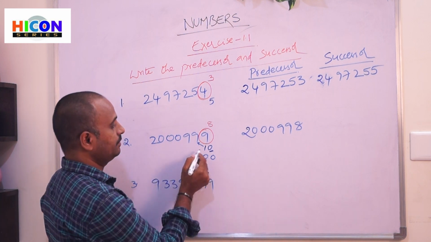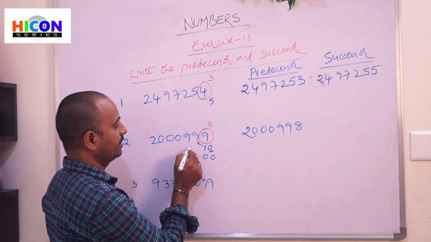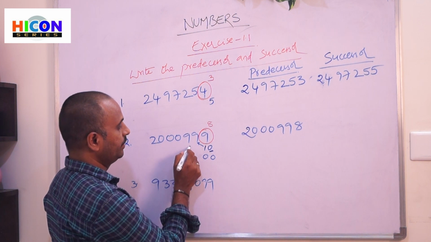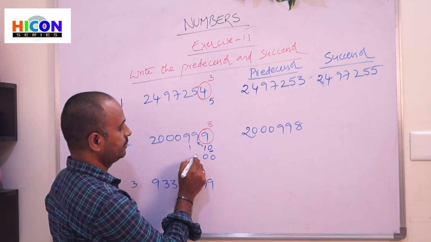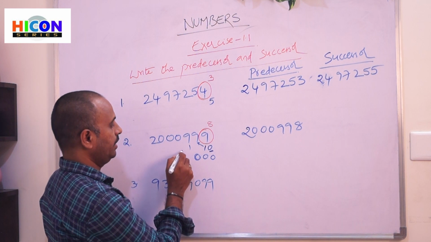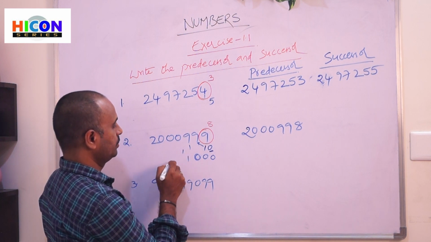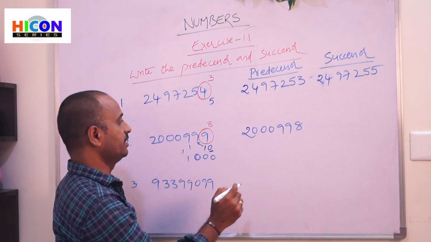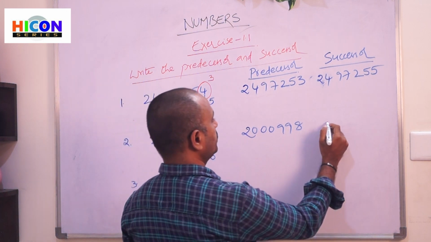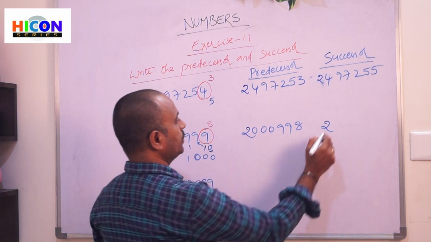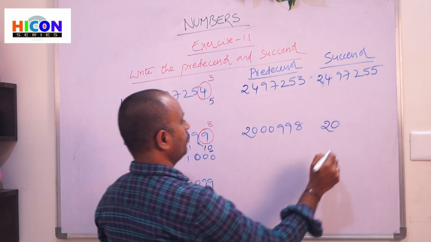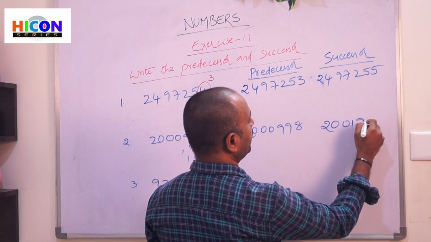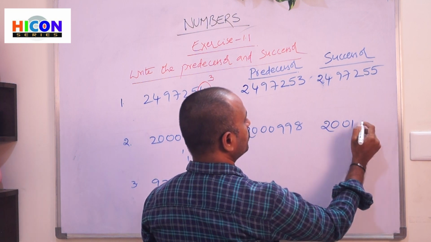Again we will get 10, and if we add 1 to the 10, again we will get 0. Again we will get 1. So that becomes 20 lakhs 1,000.